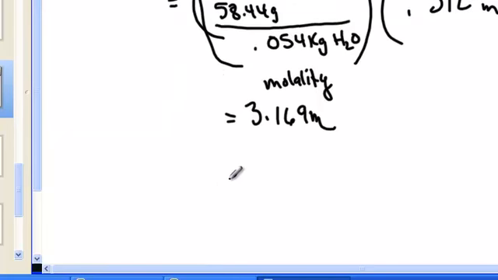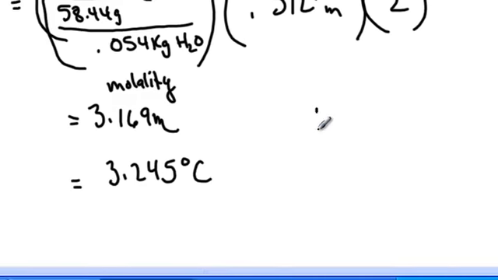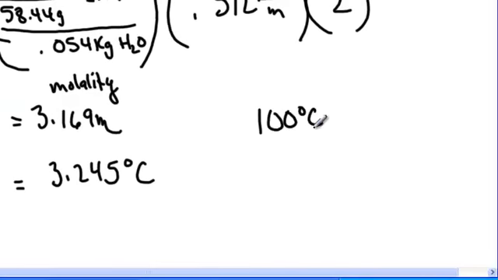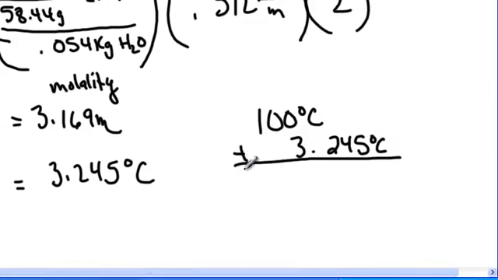And I found 3.245 degrees Celsius. Water normally boils at 100 degrees. It elevated by 3.245 degrees. The new boiling point, 103.245 degrees Celsius.